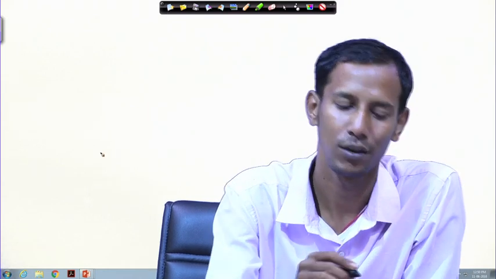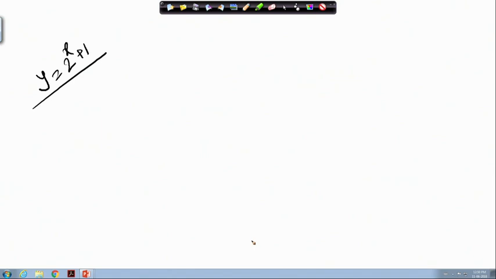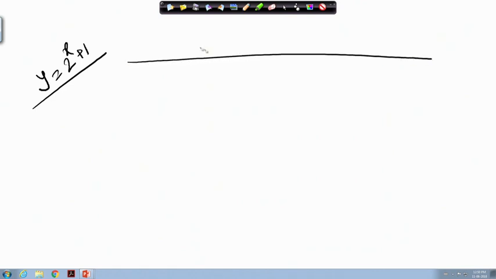So, now next you consider y equals 2 to the power x plus 1. Suppose this function I want to implement. At that time, what will be the changes? Okay. So, if I want to add 1, y equals 2 to the power x plus 1, then for 2 to the power x, for 0 0 0 0 it was all 1.